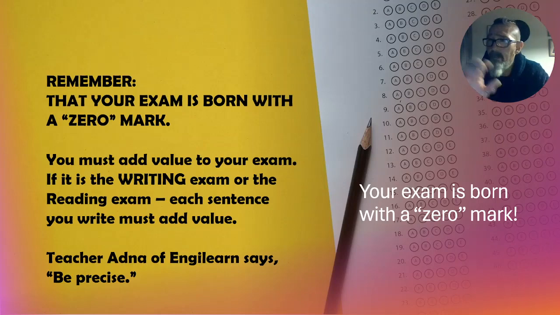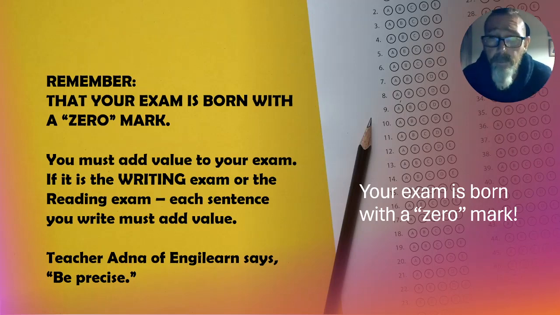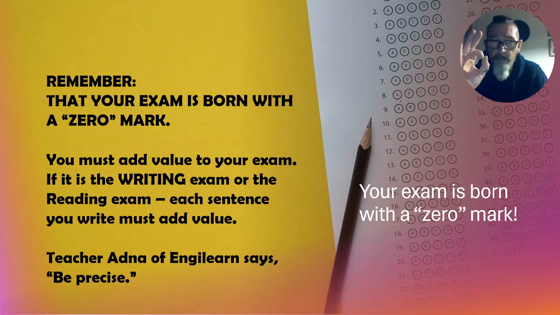This is probably the most important point that I want to make here. When you start your exam, you don't start the exam with 25 marks for the question, or 50 marks for the paper, or 100 marks for both papers. You start with 0. We don't minus marks for doing something wrong.